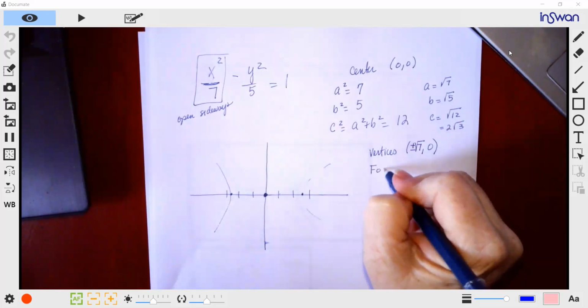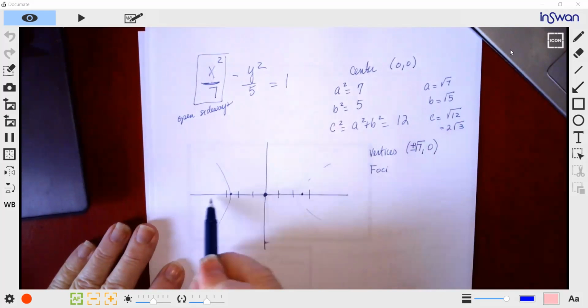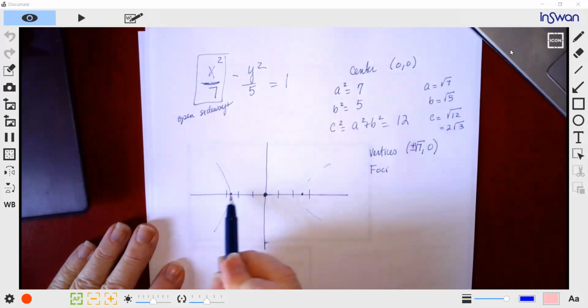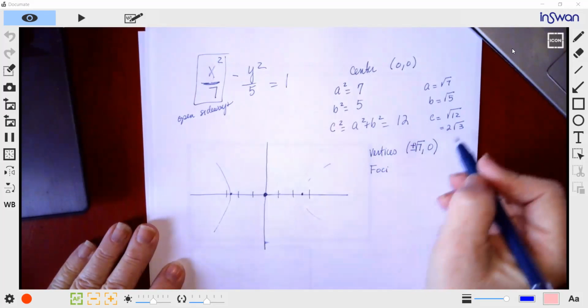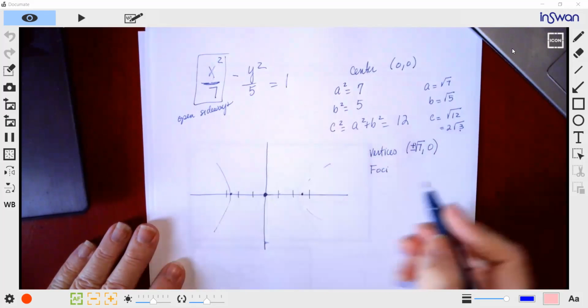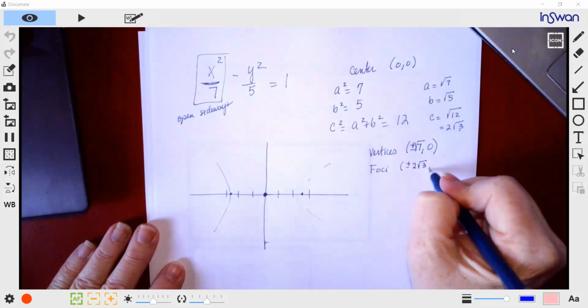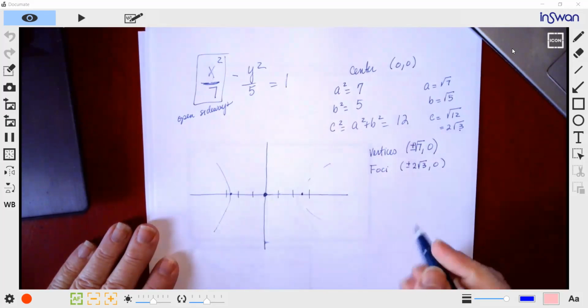Foci. Remember, this is our major or transverse axis. A focus is square root of 12, or 2 square roots of 3, units away from center. So that will be plus or minus 2 square roots of 3, 0 for your foci.